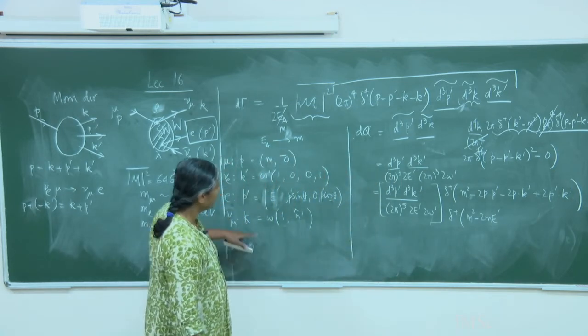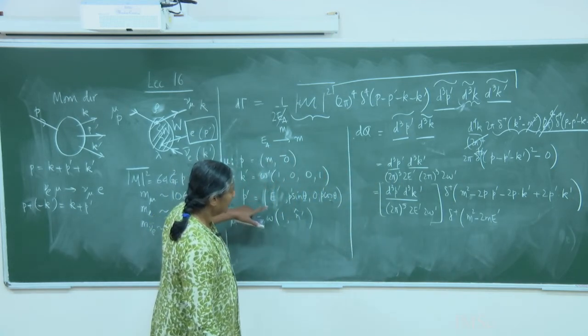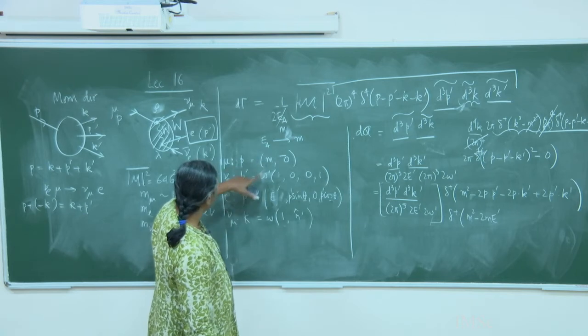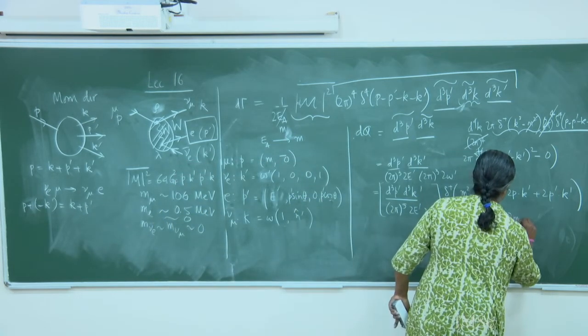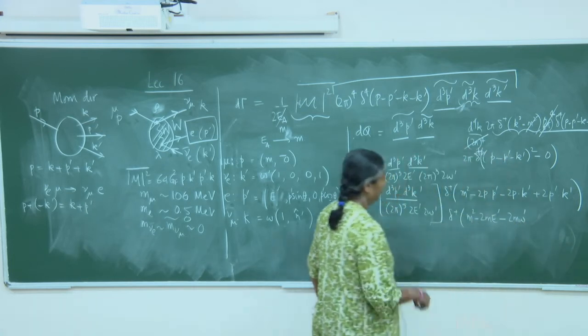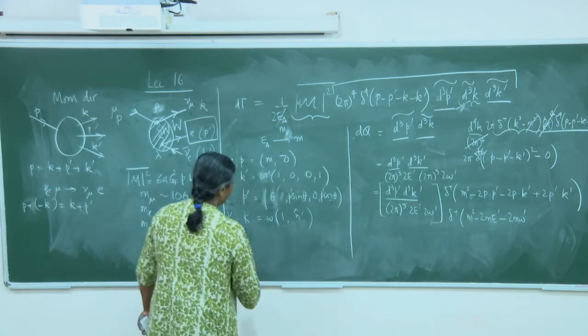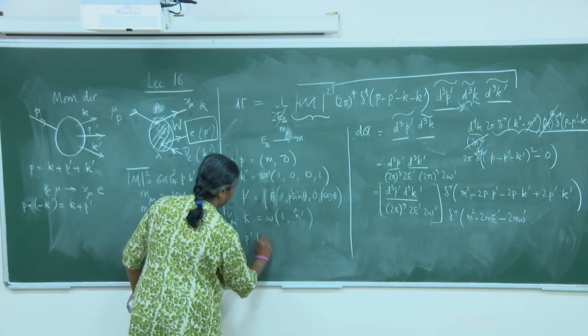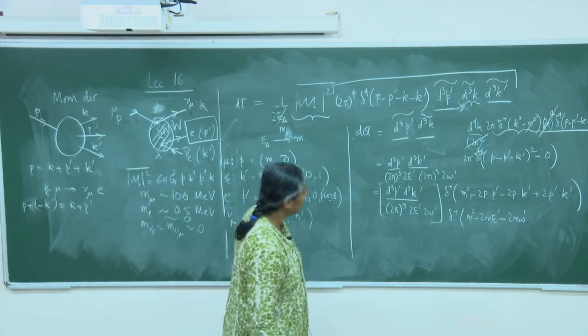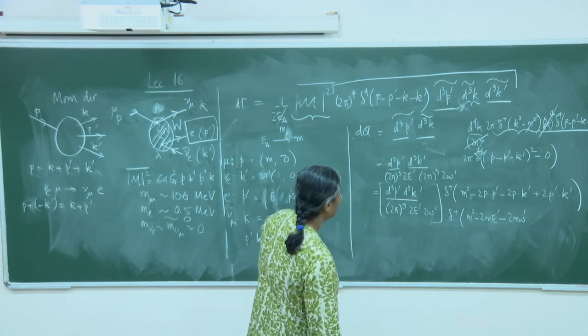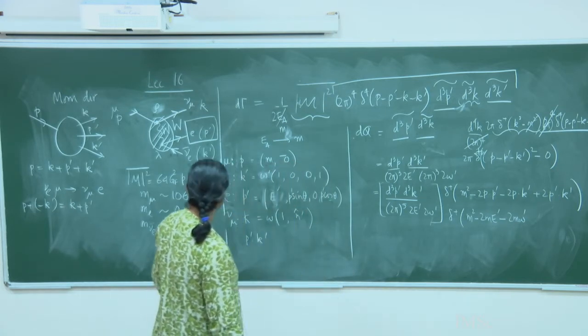Now what is p·k′? p·k′ is m ω′. Now look at p′·k′. Sorry, have I done something wrong? No, it's correct. p′·k′, oh this is k′, yes.